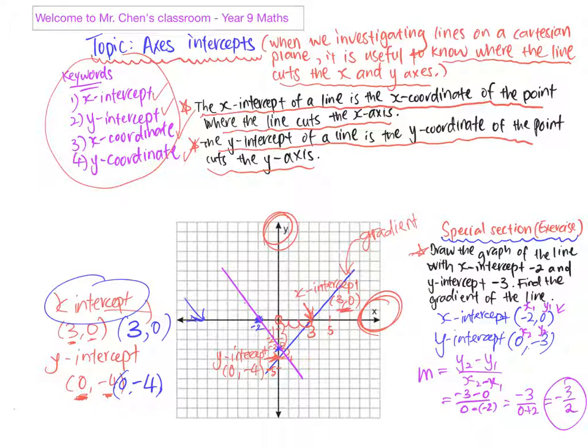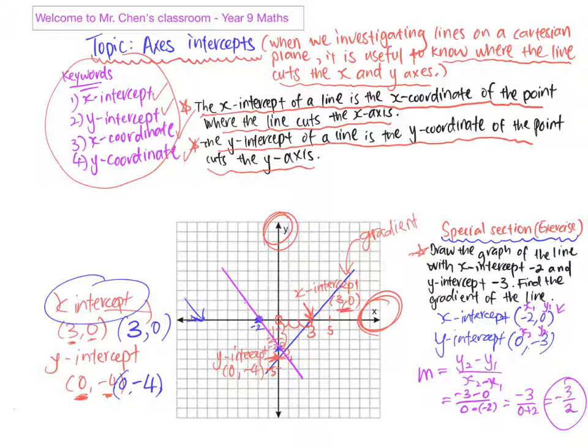Okay, so that is your gradient for that purple line. That will be the end of this video. In this video, we talked about the x-intercept and y-intercept. You should be able to find where the x and y intercepts are. Remember, the x-intercept is the one that went past the x-axis, and the y-intercept is the one that went past the y-axis.